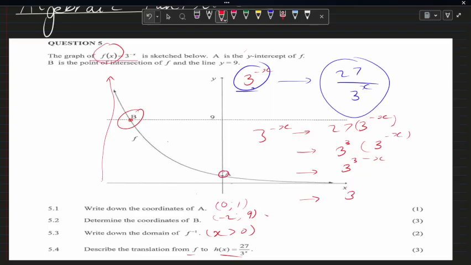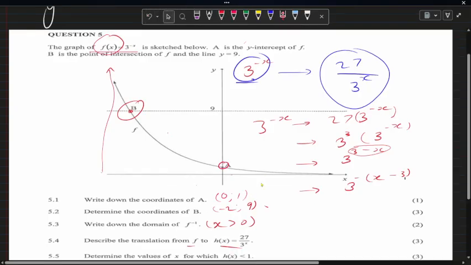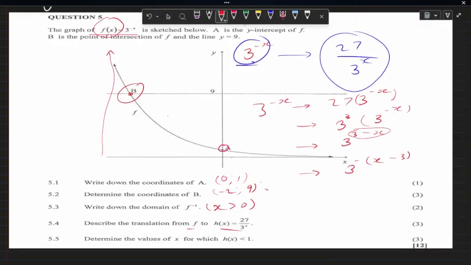And then can I simplify this further? Let's see, if I take out -1 in this situation, then it will be like this: 3 to the power of negative (x minus 3), negative x minus 3.